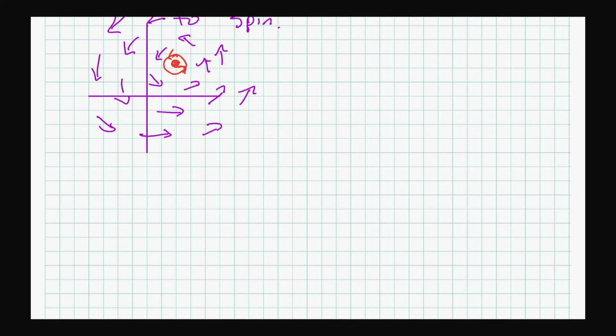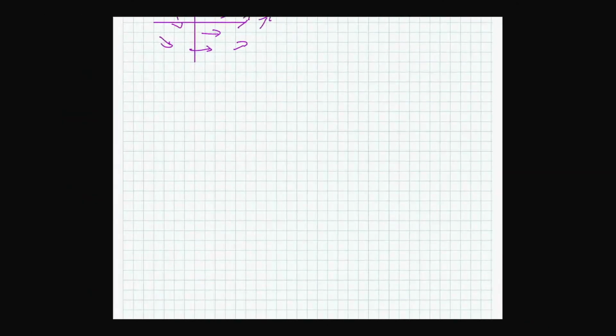However, the way you calculate it is like this. So let me write it. Definition.